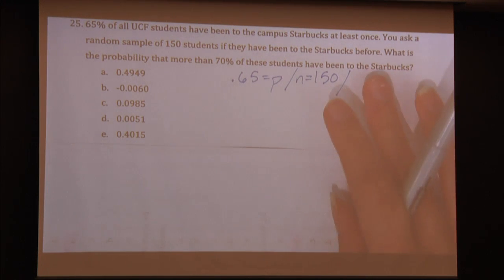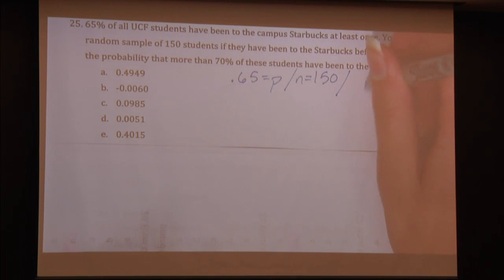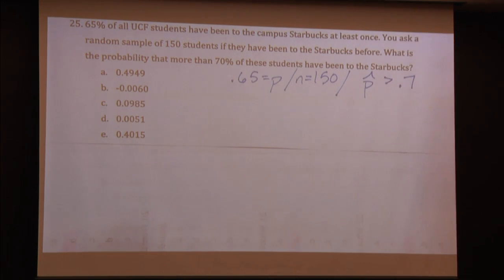Or because in this problem we're talking about mean, we mentioned that x bar was less than 10,000. So how about here? Is it p hat equals or something else? So we're looking for p hat greater than 0.7. These are sort of similar examples, just proportion and average, a little bit of a different methodology, way of thinking about it.